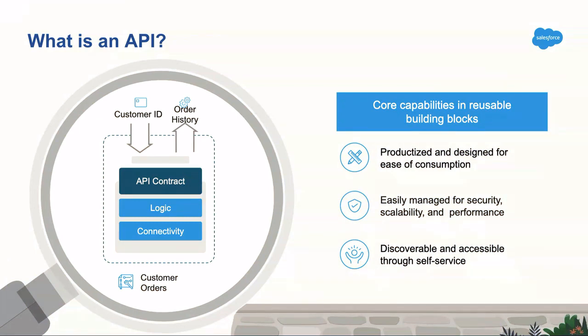Just to set some ground rules on what an API is, basically, an API is divided into an API contract and some logic. As you could see on that first screen, in API Designer, we designed our API contract. These are the rules and regulations of what our API can and cannot do. Behind that API contract is some underlying business logic.